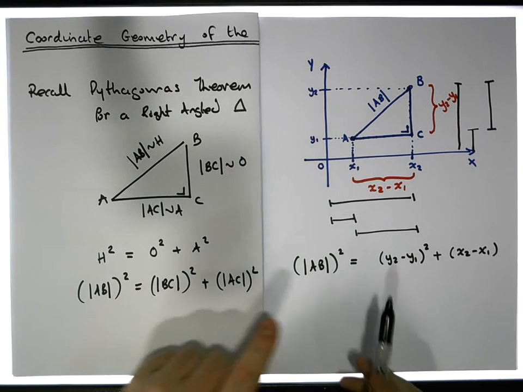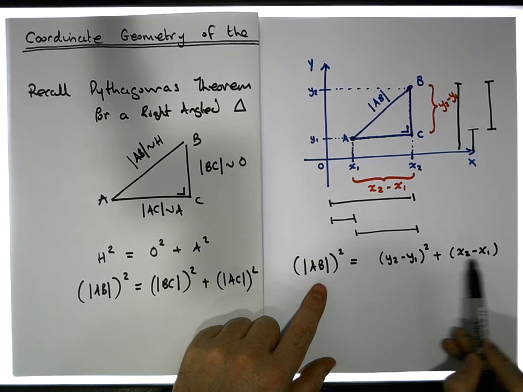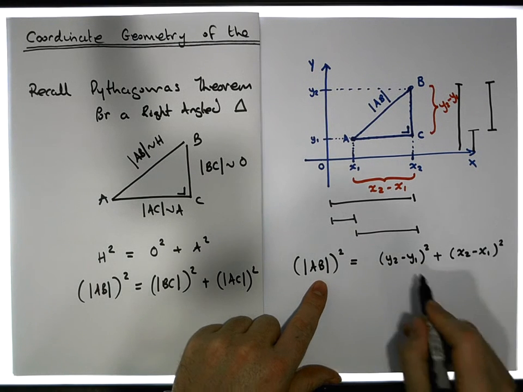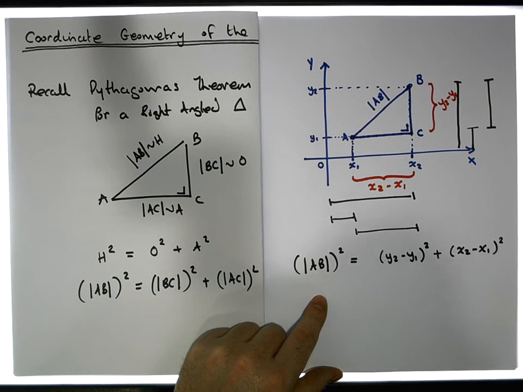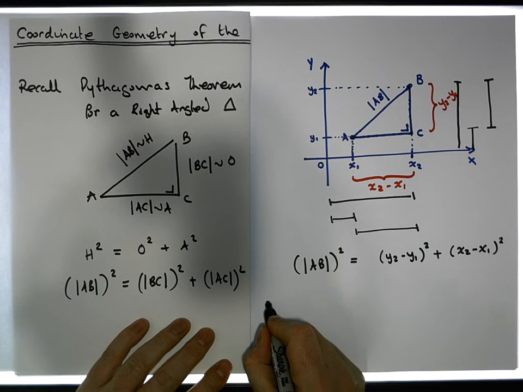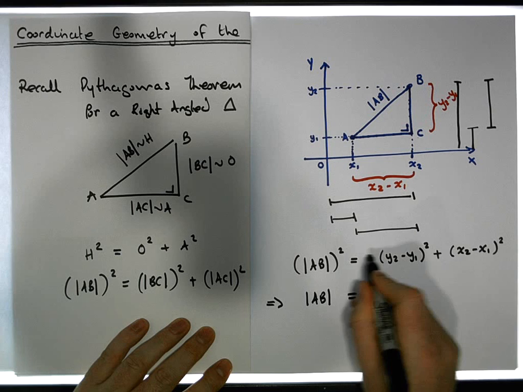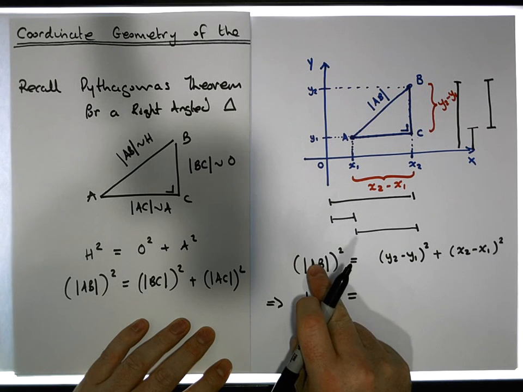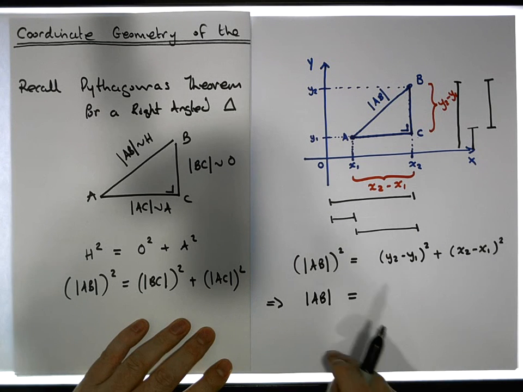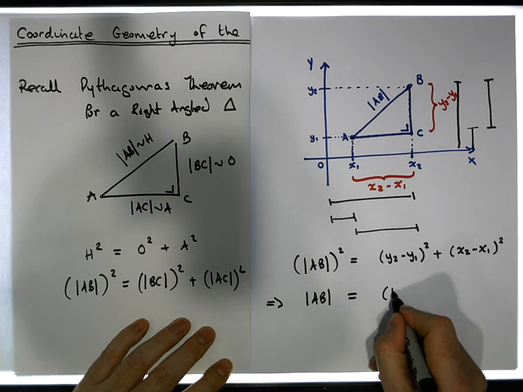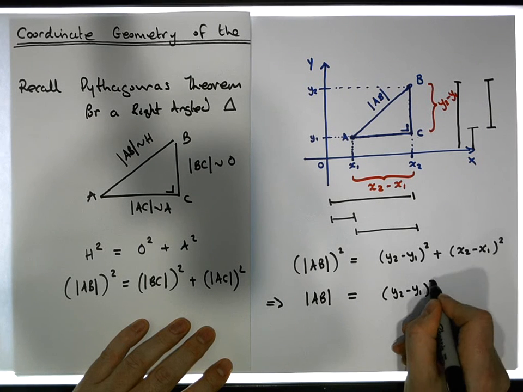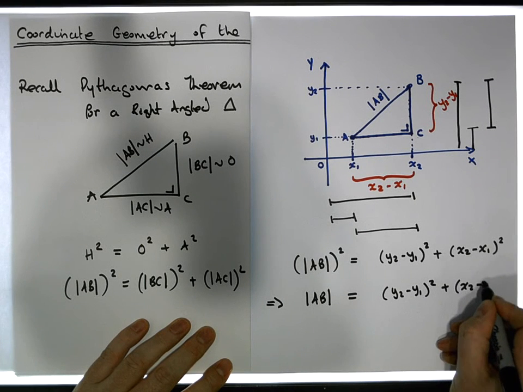So what we know is that the length AB squared is equal to the sum of these two squares, which implies that the length AB is the square root of this, because if I take the square root, the square cancels with the root, and I'm left with the square root of y2 minus y1 squared plus x2 minus x1 squared.